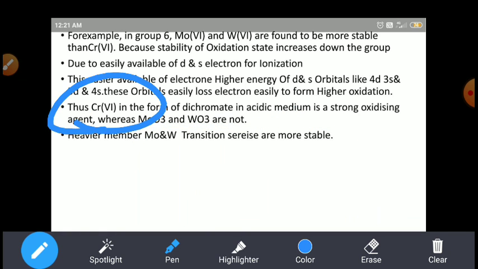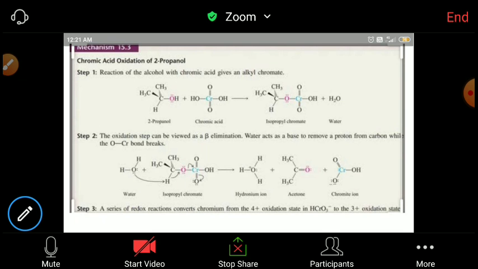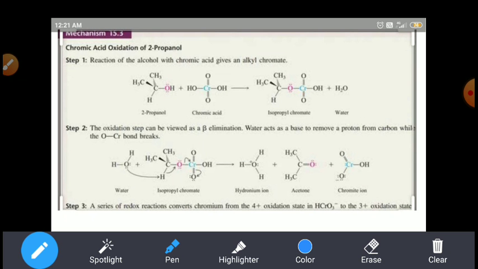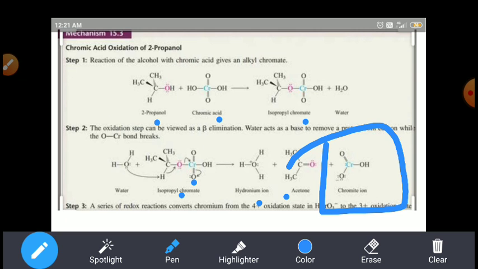How chromium is oxidized here, we show one figure, students. Okay, look at here, students. 2-propanol is treated with chromic acid to form isopropyl chromate and water. Isopropyl chromate dissociates and reacts with water to form hydronium ion, acetone and the chromate ion.